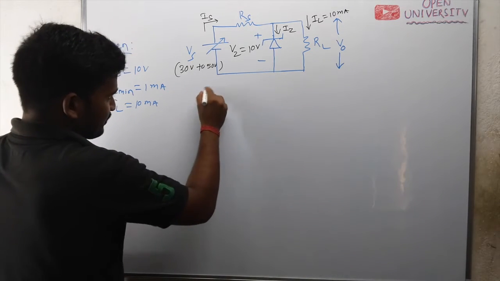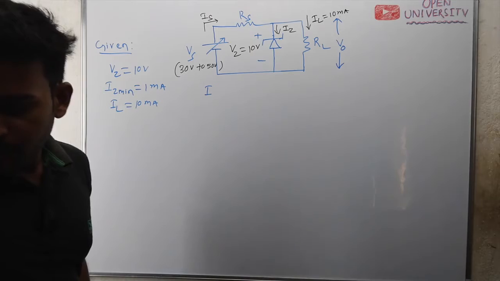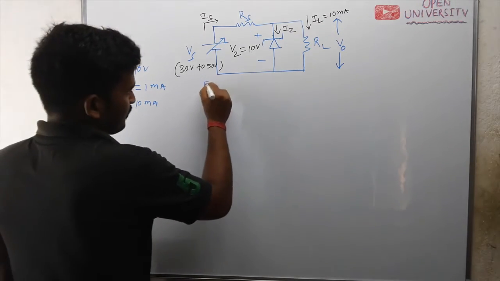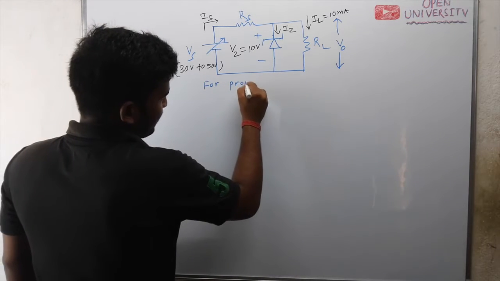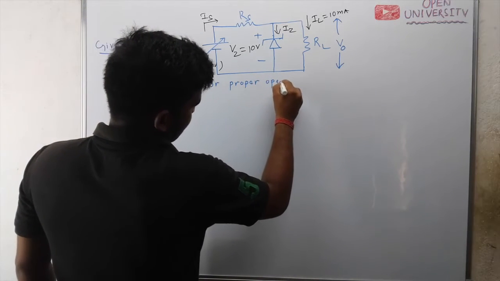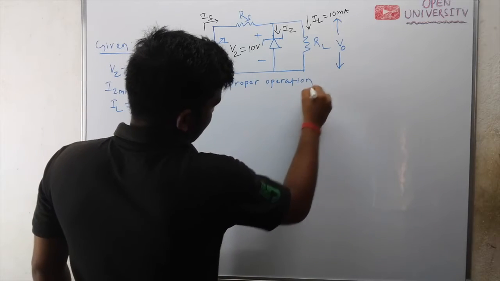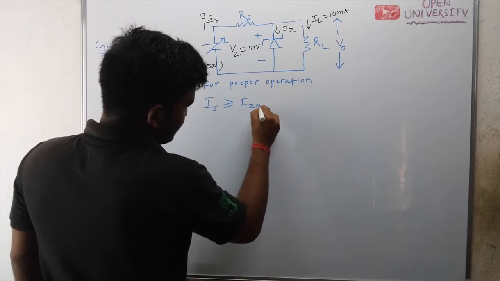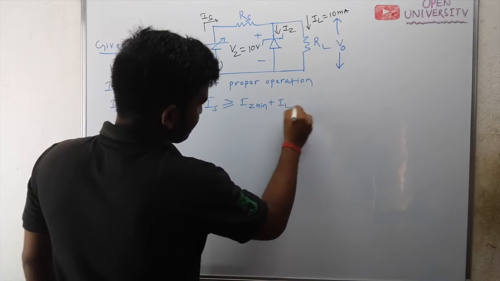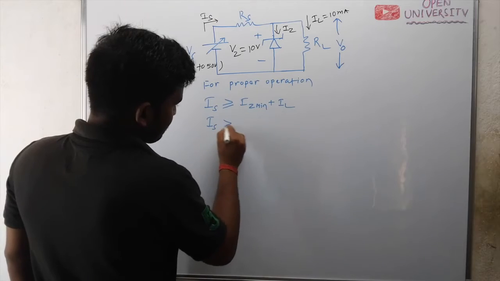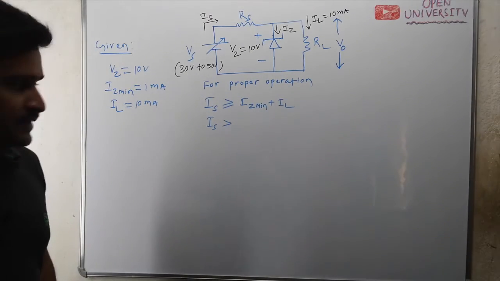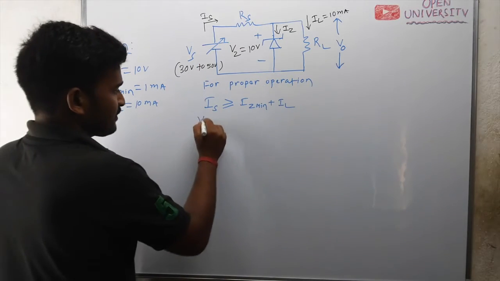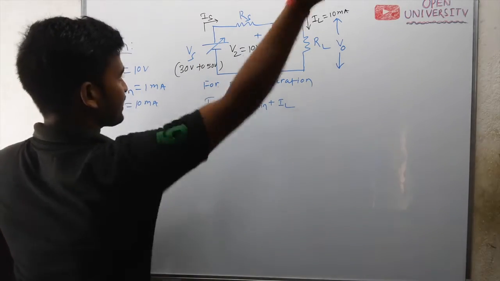For proper operation, write down this point. Your Is should be greater than or equal to Iz min plus IL. What is Is? Is is (Vs minus Vz) by Rs. What is Vs? Not given, it is varying from 30 volt to 50 volt.